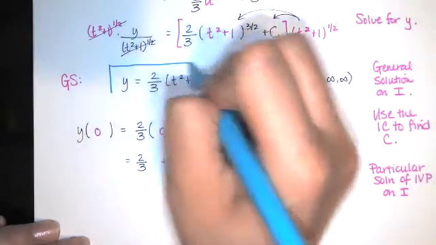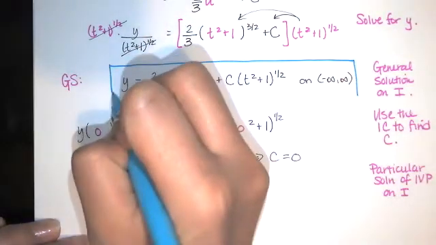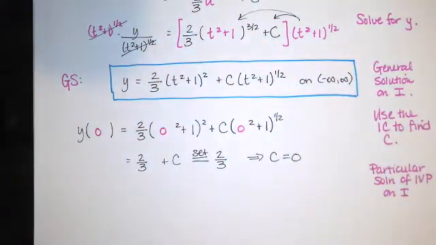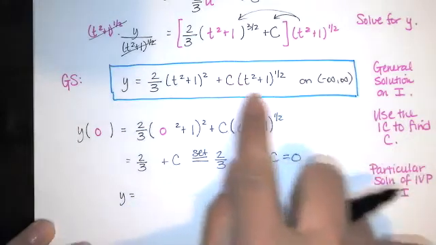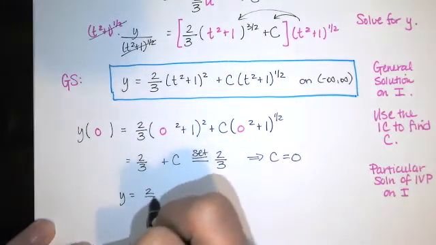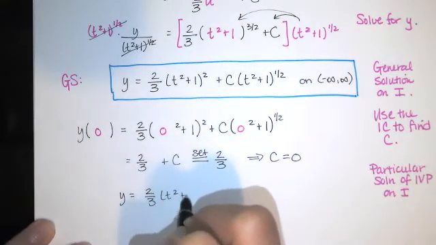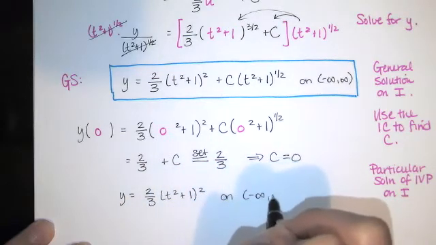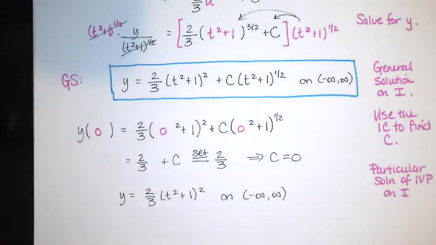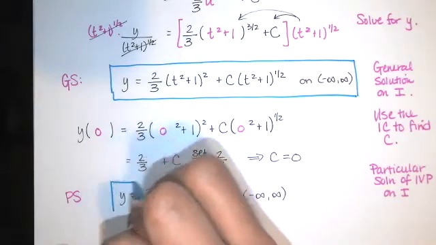If it was just the differential equation, we would be done when we get to here, but because we have an initial condition, we want to substitute in C equals 0, which means that term is gone, and we get this. That is our particular solution of the initial value problem.